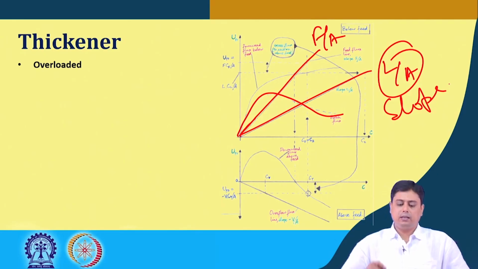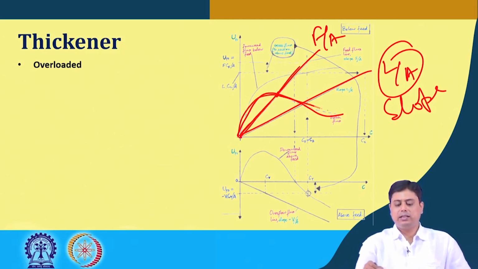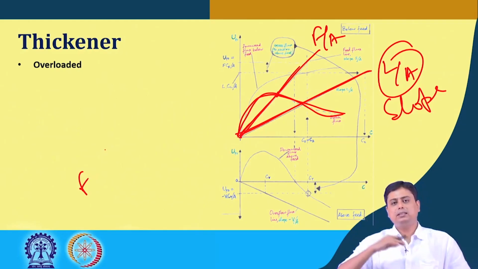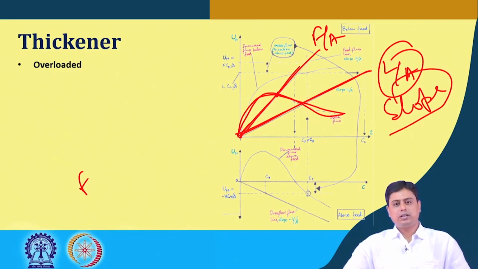Once we have that, we add this batch flux data with this L by A data, because the total flux at any point is basically the settling flux plus this underflow flux. By doing that, we get this curve.